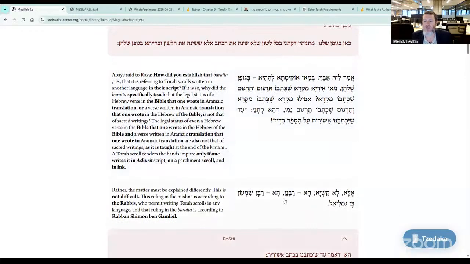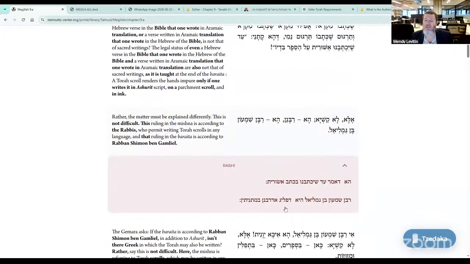So then Rava said no. Our Mishnah is the opinion of the rabbis. The Brisa goes according to Rabban Shimon ben Gamliel, who we learned in our Mishnah says that a Sefer Torah can only be written in Ashuris, but it also says, aside from Greek.